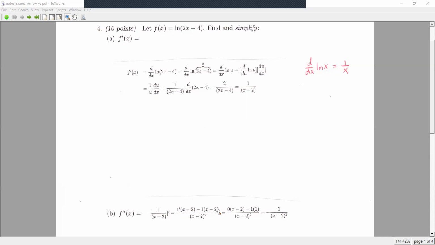X minus 2 derivative is 1. Then 0 times x minus 2 is 0. Minus 1 is negative 1. Move the negative sign to the front. Then this is the result of the second derivative of function f.